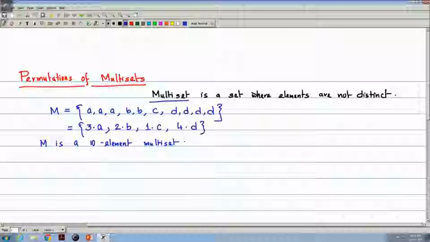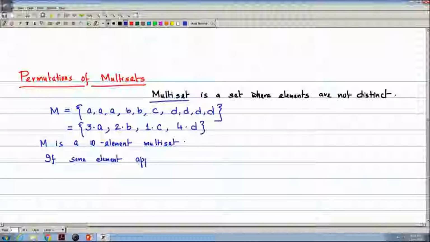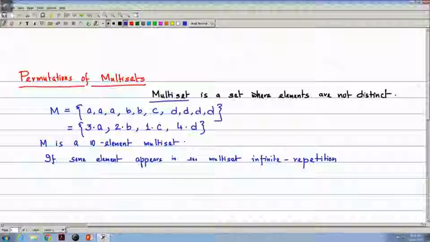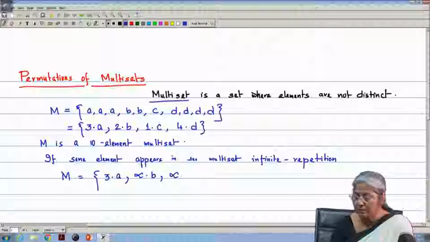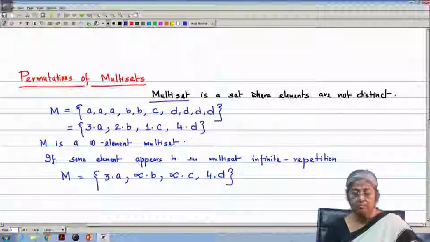If some element appears in the multiset an infinite number of times, with infinite repetition, then I can write the set M as A with 3 repetitions, B with infinite repetition, that I write ∞·B, again C can have infinite repetition, and so this is a multiset with an infinite number of elements, there is no restriction.